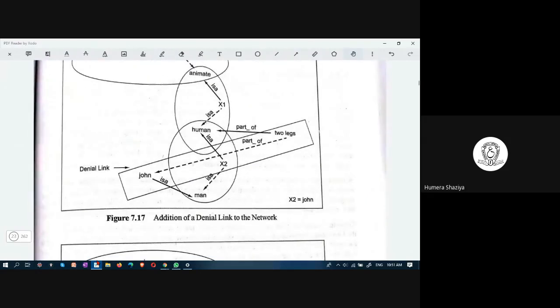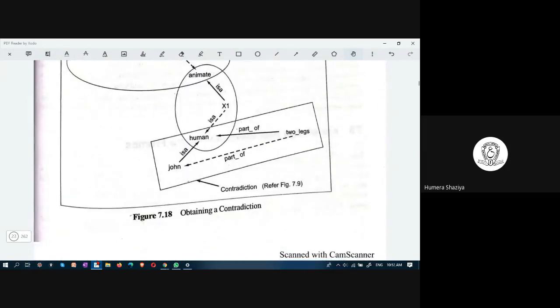Look at here. This denial link, John and two legs, this line. When you bind x2 to John, what happens? There is no x2 now. It is just John. And here we achieved contradiction.